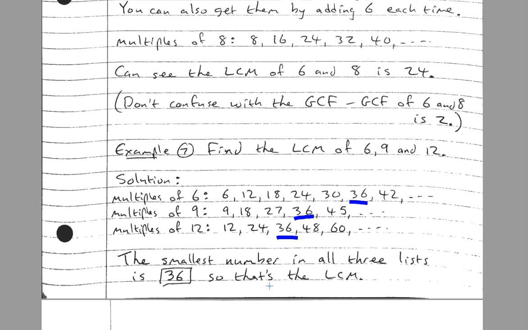So 36 is the least common multiple of 6, 9, and 12. And actually for this example, we can kind of ignore 6 because 12 is a multiple of 6. So if you're a multiple of 12, you're automatically a multiple of 6.